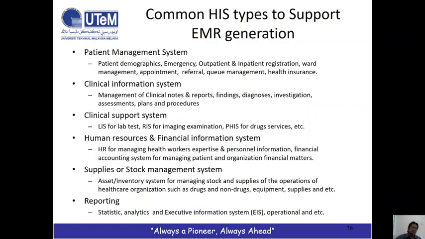Okay, this is a common HIS type that you should know, and you should prioritize when you develop a system. So these are the six main systems that need to be developed or need to be had when you want to computerize healthcare providers, healthcare organizations.